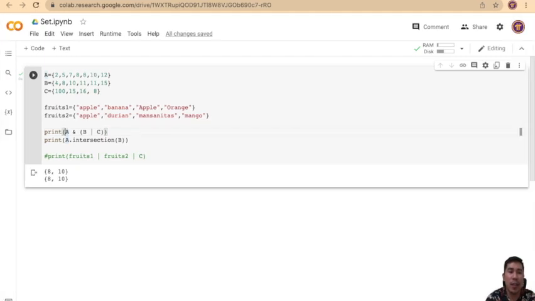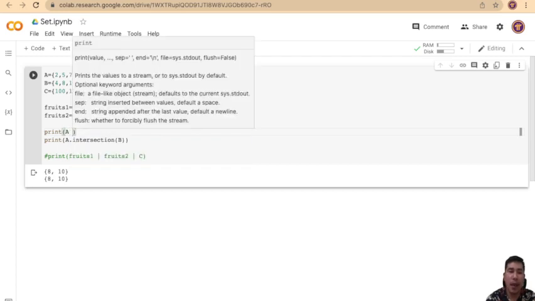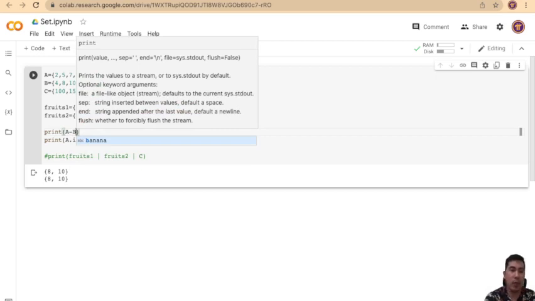So let's go directly to our Google Colab. This time I have the same elements, and I just have to erase the values here. Let's say I have A minus B. Allow me to comment this one out.